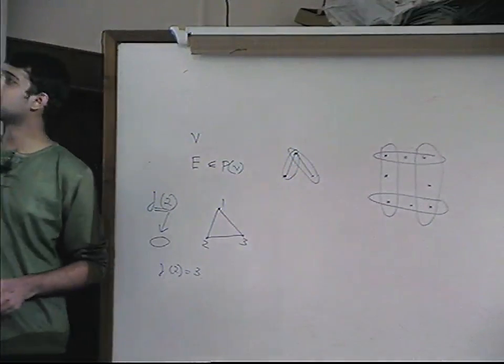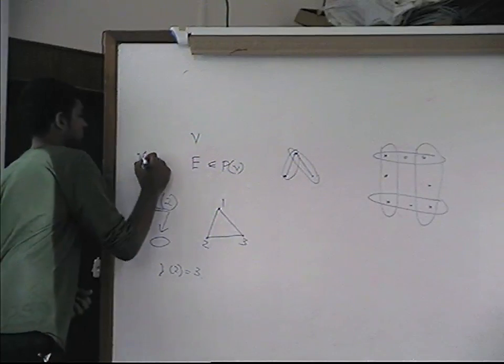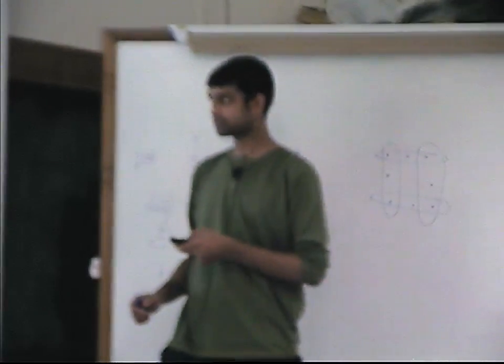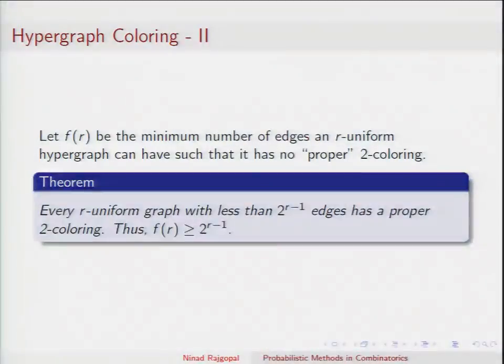So this problem is a generalization of that, where f is in terms of r, where the cardinality of every edge is r. So this was a theorem by I don't know whom. Every R uniform hypergraph with less than 2 power R minus 1 edges has a proper two coloring.